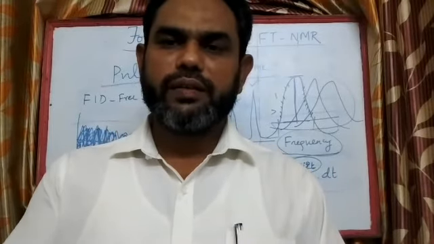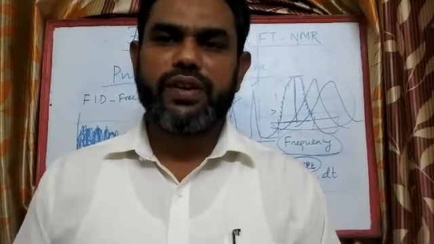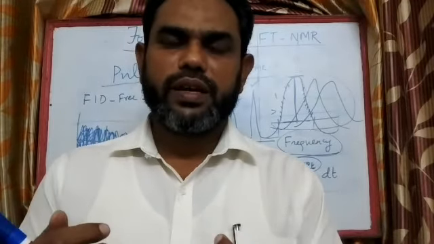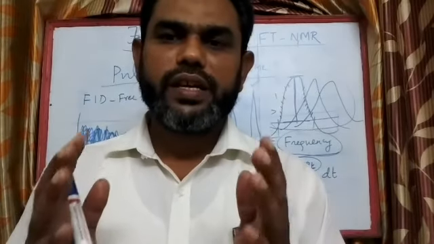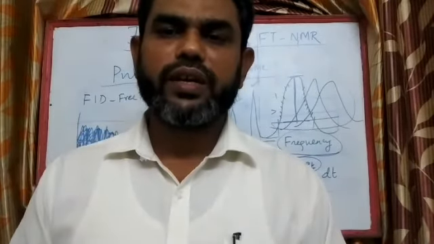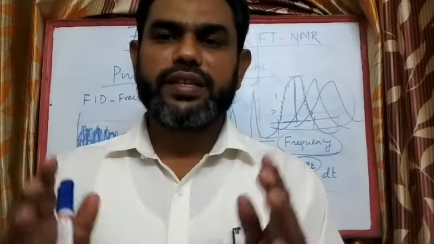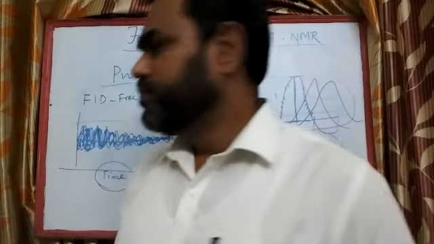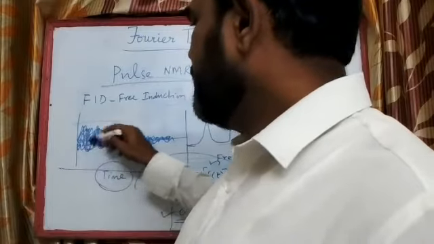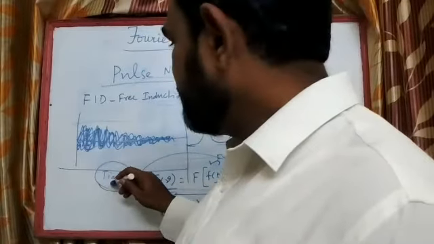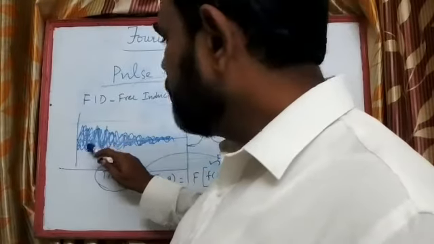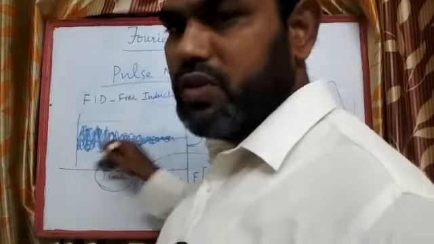This decay takes place at different time intervals, and it is noted down. This is called the free induction decay, in which all the decay is noted as a function of time. When all the frequencies are noted, one superimposes over the other. As a result, the spectrum looks like this.